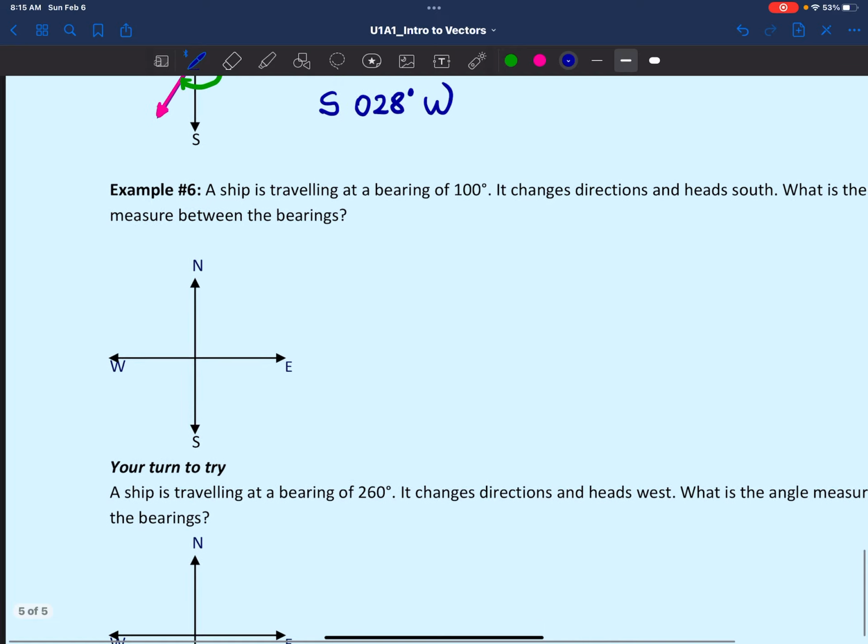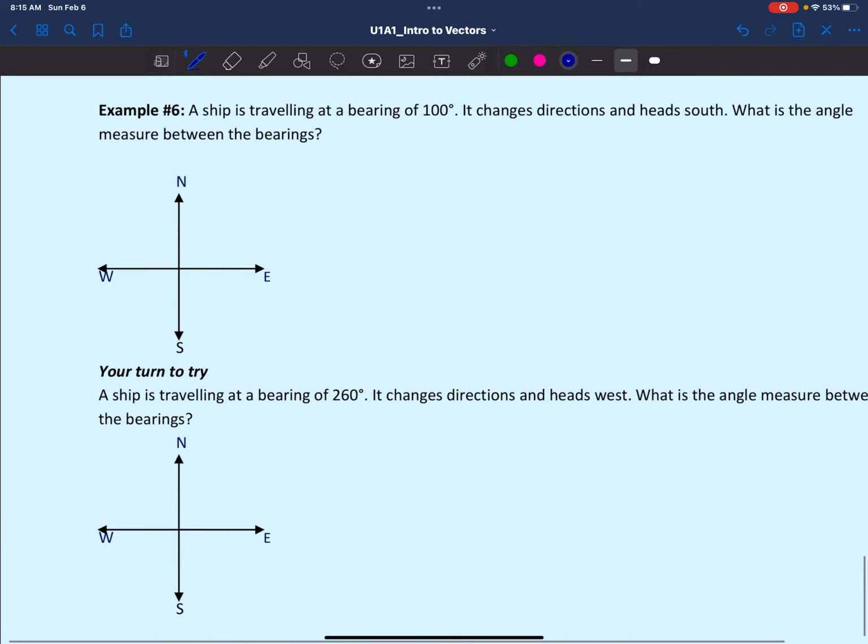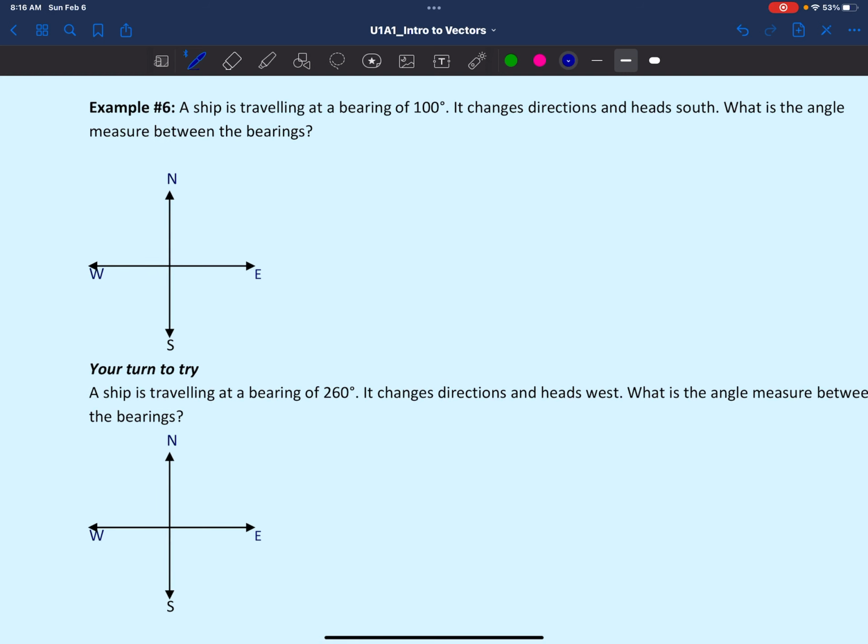Now, very often the motions or displacements described in the problems we are about to solve will ask us to identify the angles between bearings. So how do we do that? Suppose that the ship is traveling at a bearing of 100 degrees.